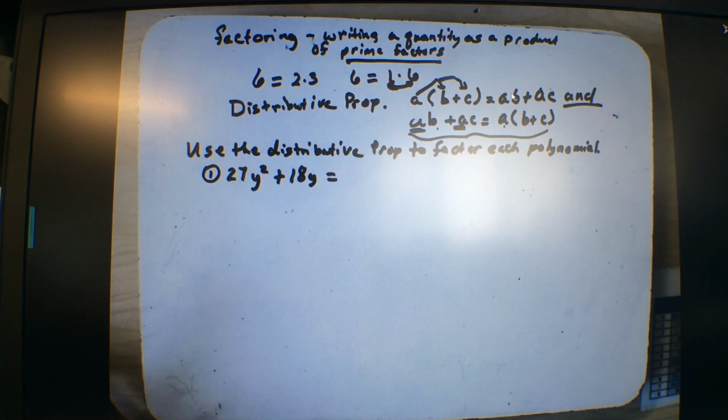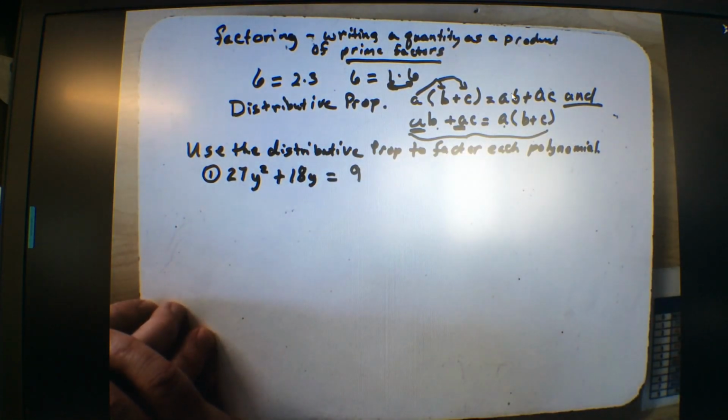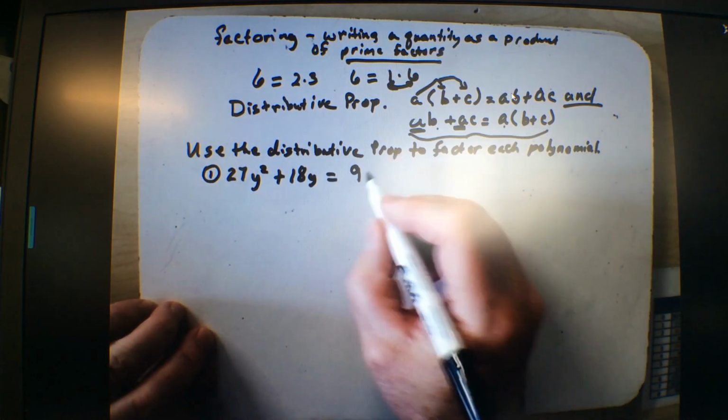Tyra says 3. Is there anything bigger than 3? 9. All right, so they both have a 9. What do they both have in terms of y? 1y. Now one of them has y squared, but both of them have 1y.